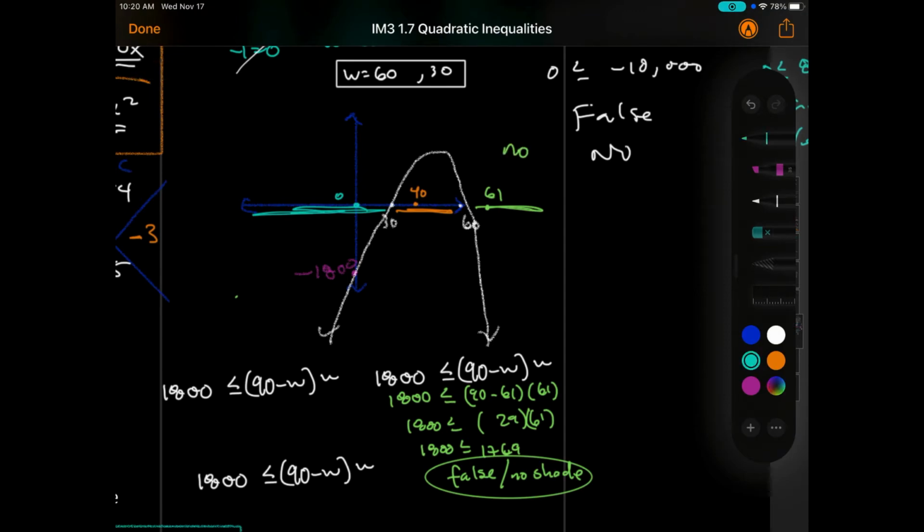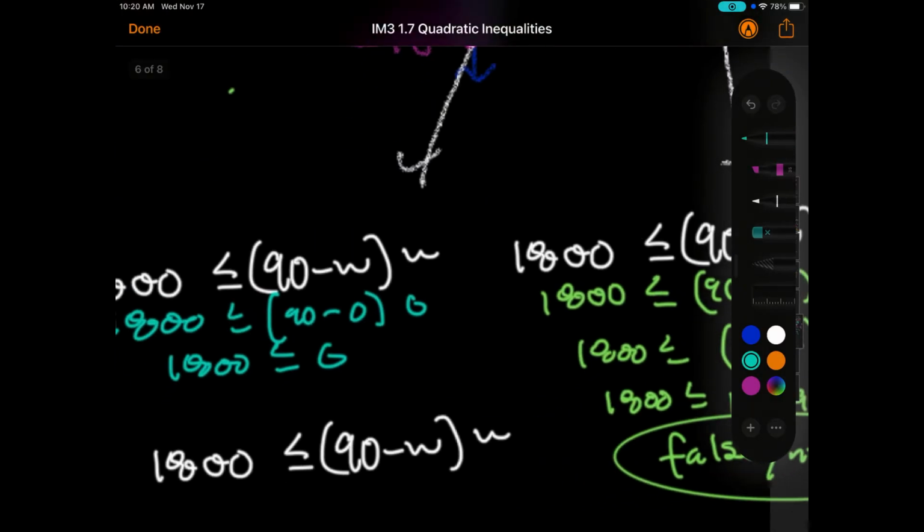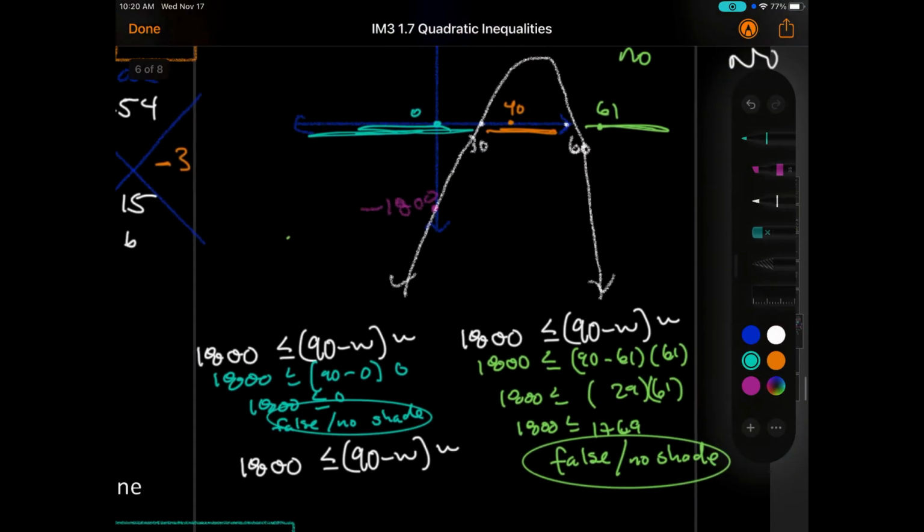Let's test the blue region. So I put in 0. And you get 1800 is less than or equal to what? 0. Is that true or false? That's a 0. Pardon. False. No shade. That means my solutions are not in there. Let's double check. Let's pick 40.